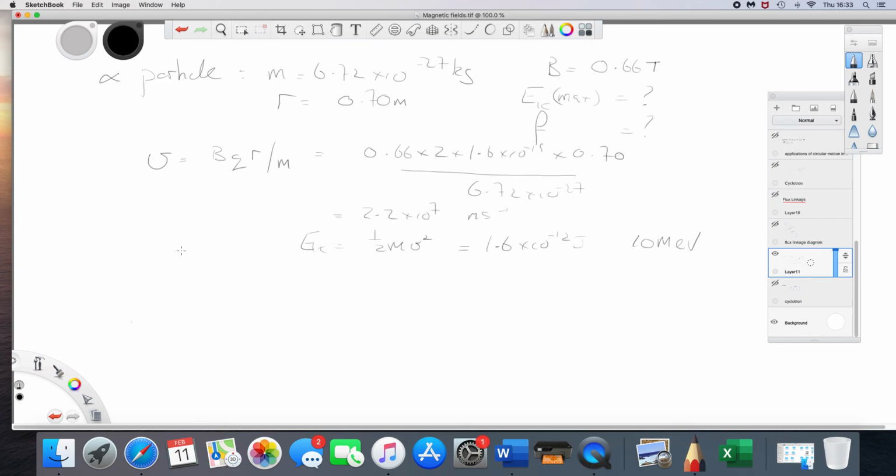And the frequency then, well, if we use our expression, which was BQ over 2 pi m, we get a frequency of 5 megahertz. That's a capital M.